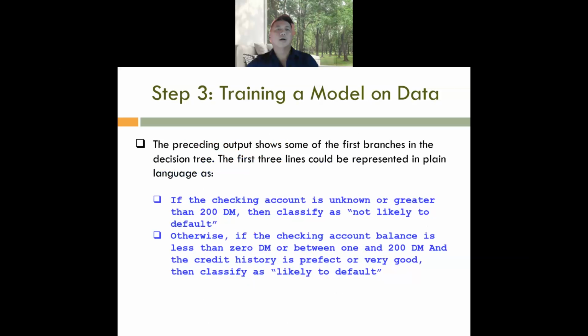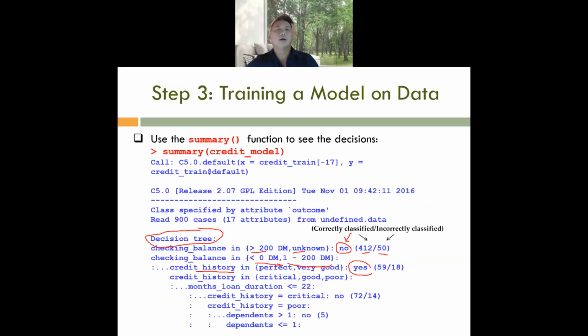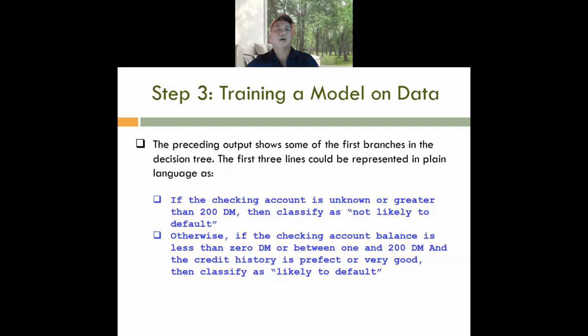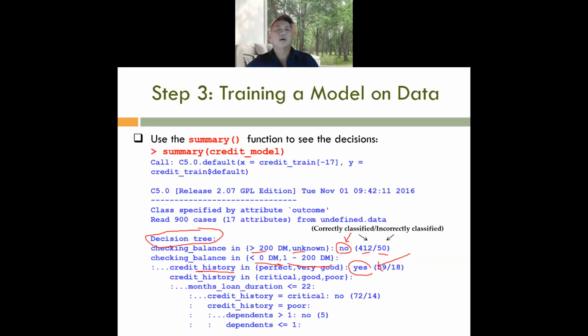Otherwise, if the checking balance is less than 0 or between 1 and 200, you are likely to default, that you tend to pay the loan. So this is the conclusion that we can make from here.